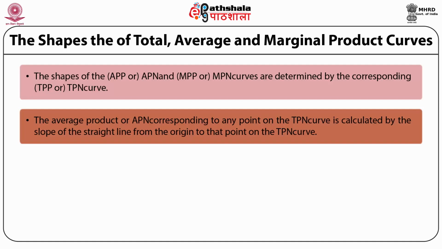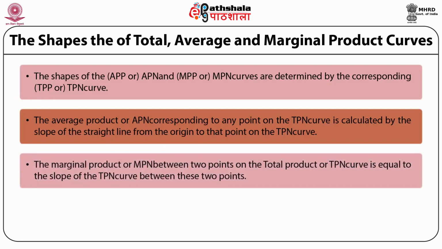the TP is positive. The marginal product or MPN between 2 points on the total product or TPN curve is equal to the slope of the TPN curve between 2 points.